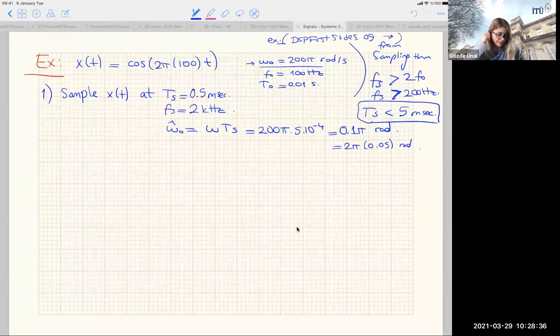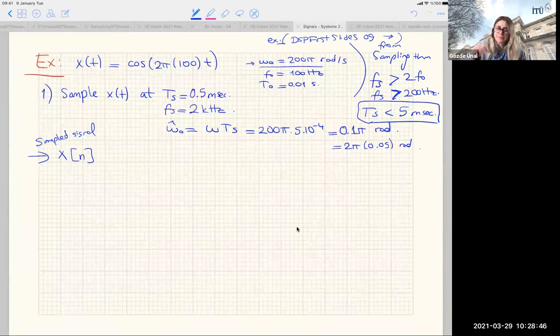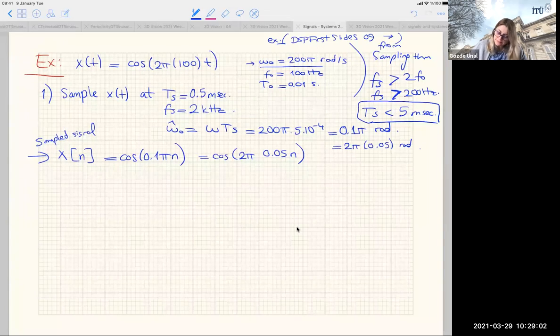Okay, so I have x of n, the sampled signal at this sampling frequency, which is cosine of 0.1 pi n, or equivalently cosine of 2 pi 0.05 n. From here, we can look at the fundamental period.